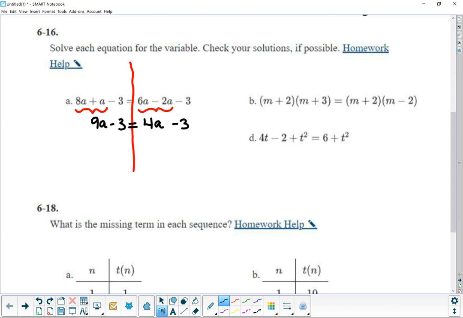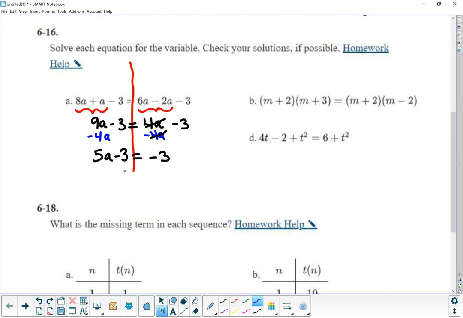Then I need to combine like terms on opposite sides, and because they're on opposite sides, I need to do the inverse operation. So I'm going to go minus 4a and minus 4a right here, so that my 4a's disappear. I'm left with 9a minus 4a is 5a minus 3 equals negative 3.